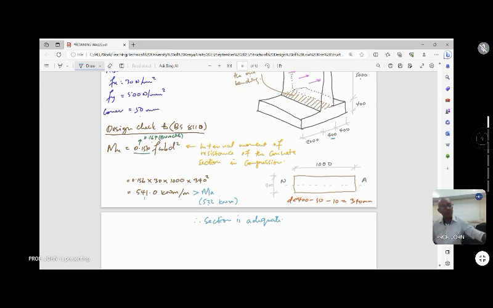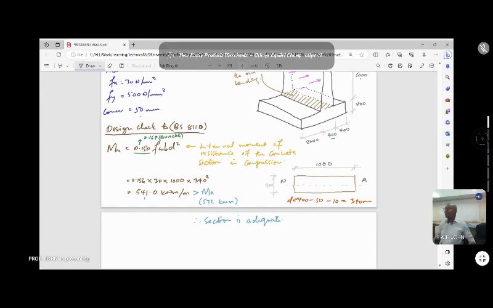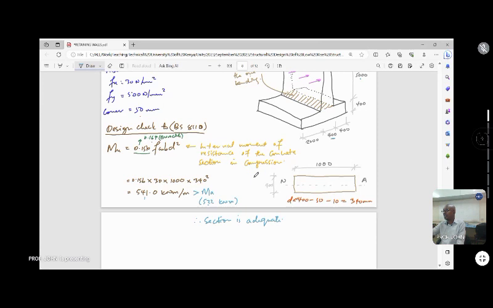We can still go ahead and design it as a doubly reinforced section, but it then becomes expensive. It's not economical, it's not efficient in terms of steel reinforcement. So that's why I did mention earlier that as a rule of thumb, you want to start checking your design with about 10% of the height of the stem. So that's the first thing I wanted to mention.